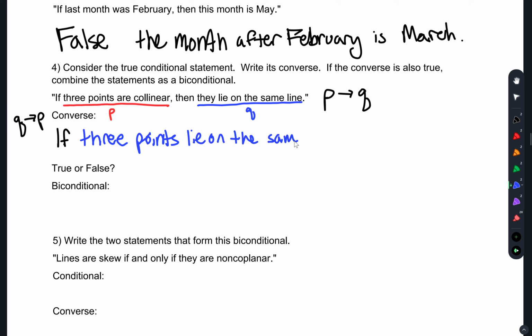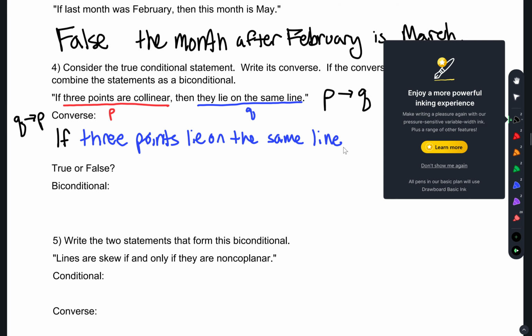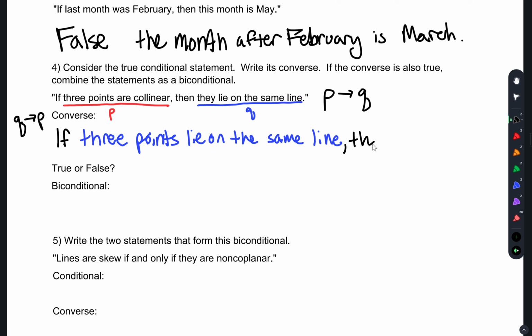So be very specific. Then, now I can be a little bit more vague: they are collinear. Our sentences should always start off a little bit more specific than they end.